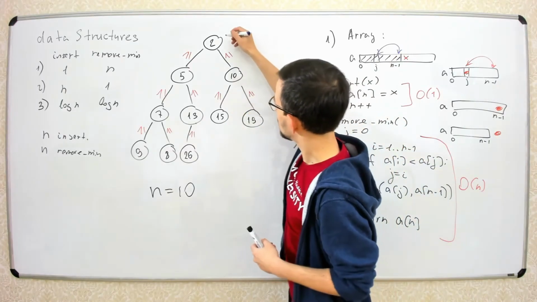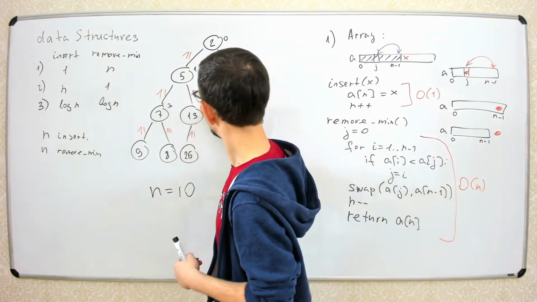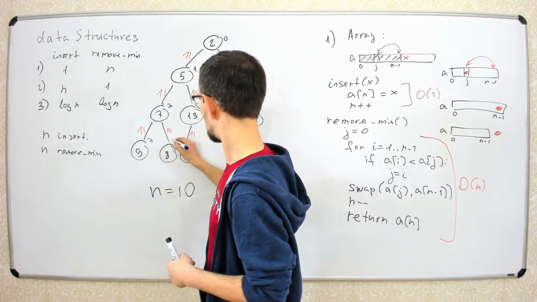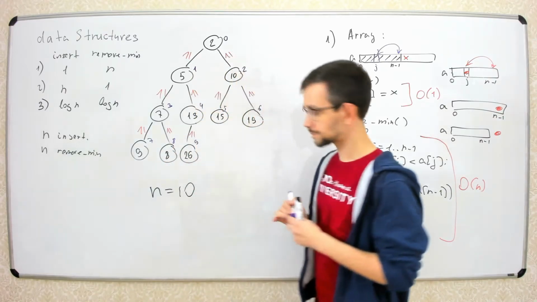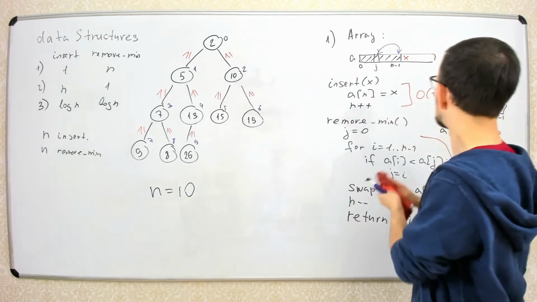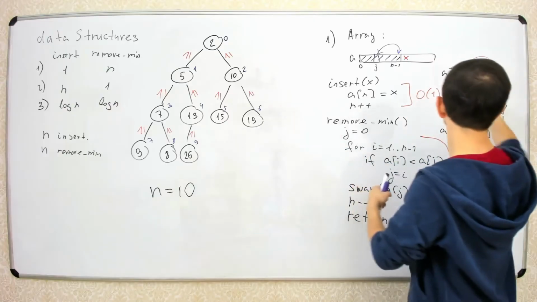So the nodes will have indices 0, 1, 2, 3, 4, 5, 6, 7, 8, and 9. And now we'll simply create an array of size 10 and put these elements in this array using these indices.